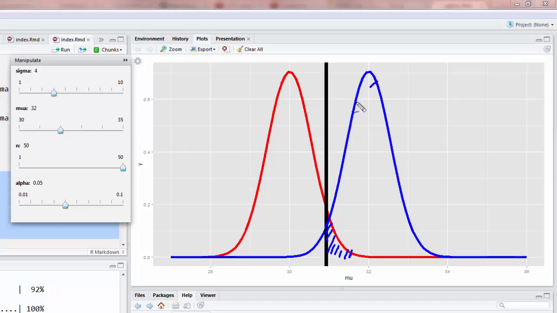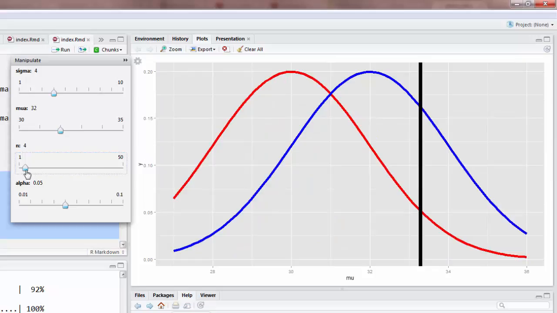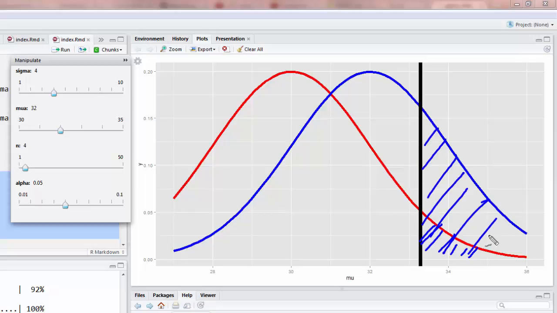But you can see now we have much better power when we have a sample size of 50. If we move it down to a very low sample size, n of 4, again the black line has moved because it has to force this area to be 5%, and now our power is quite low.